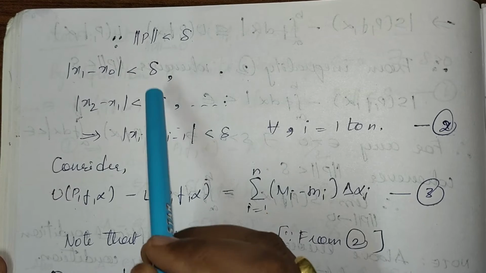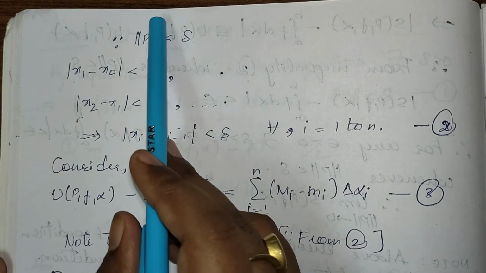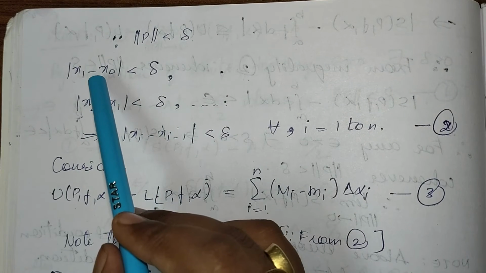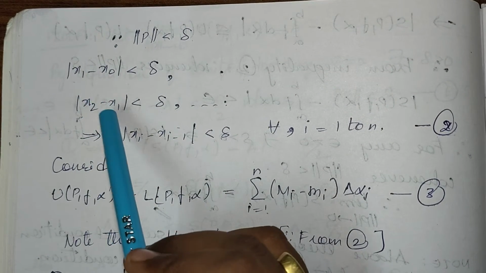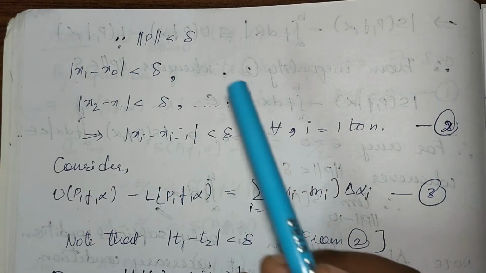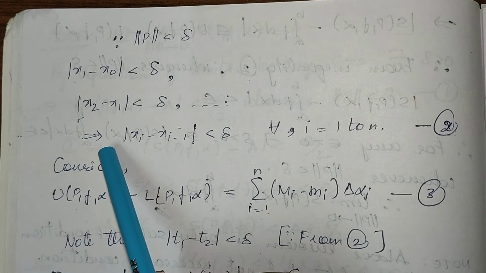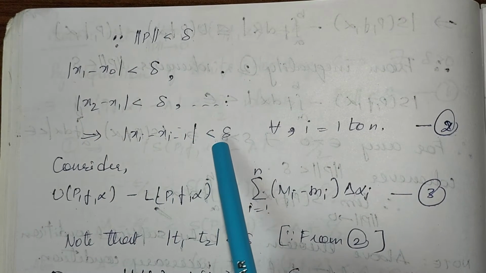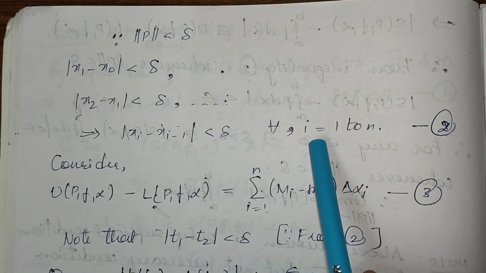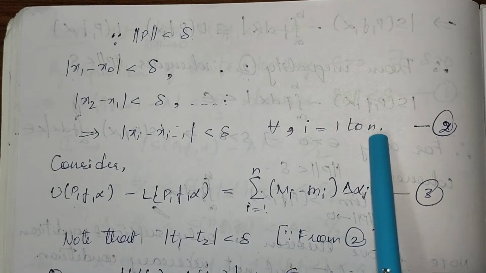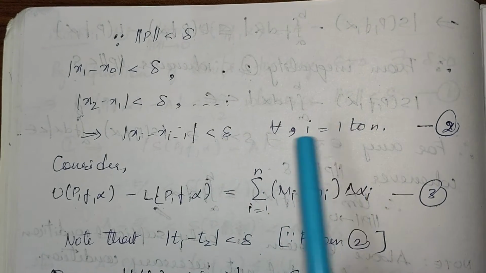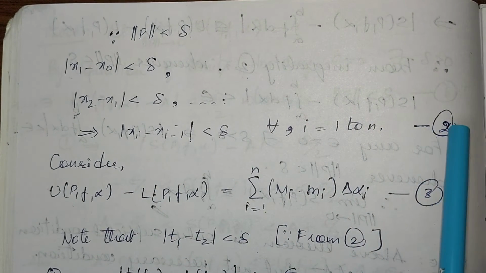Why? Because the maximum length of the subintervals is less than delta, which implies the length of each and every subinterval is less than delta. So in general we write |xi - xi-1| less than delta for all i equal to 1 to n. So this holds for each and every i. Name this as equation 2.